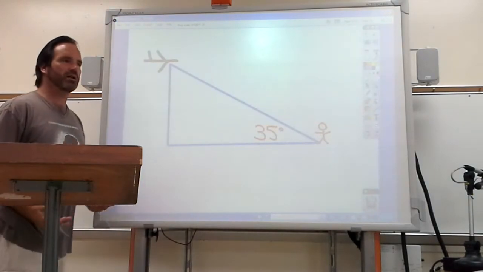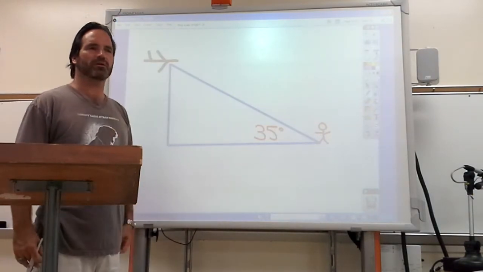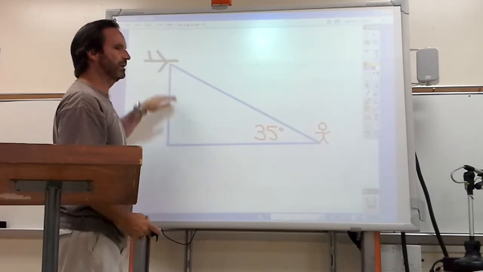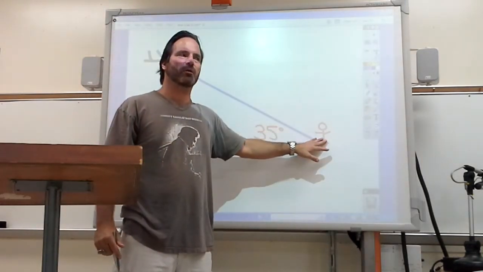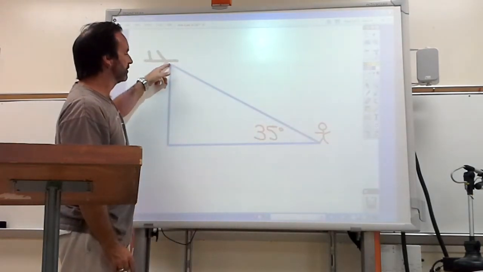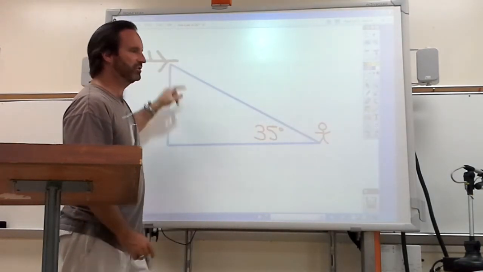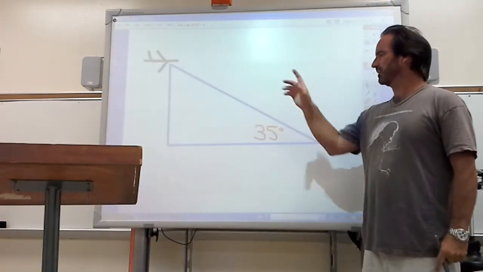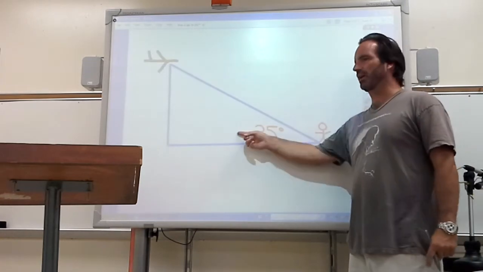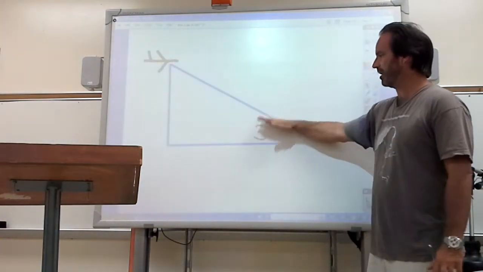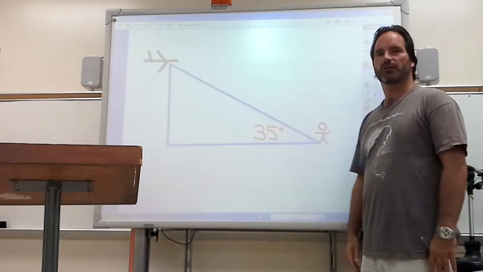Okay? So let's take this situation. Two things I'm going to talk about here. One, here's an airplane at a certain altitude, and here's some person on the ground. When he looks up, that's called an angle of elevation. Okay? That's when this person, he or she's looking straight out, and then from that line of sight up, from here up is your angle of elevation.